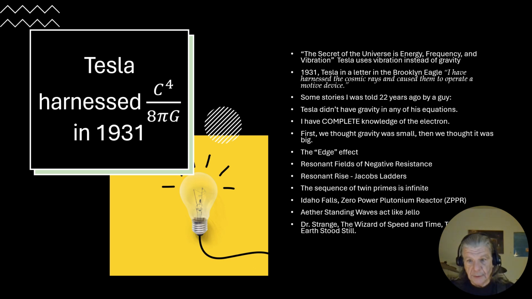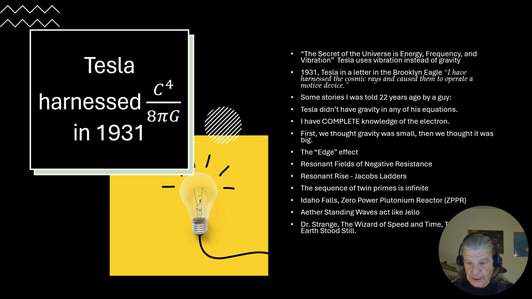This is where we get a little strange. But Tesla reached this in 1931 when he wrote a letter to the Brooklyn Eagle saying, "I have harnessed the cosmic rays and caused them to operate a motive device." This leads to a whole can of worms involving stories I was told 22 years ago by a guy.